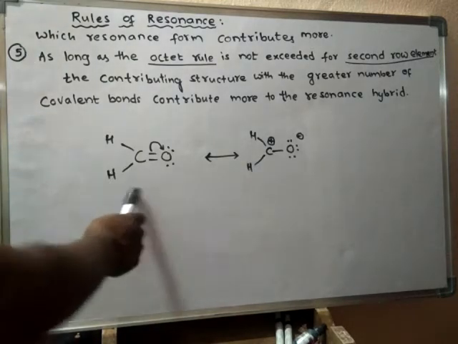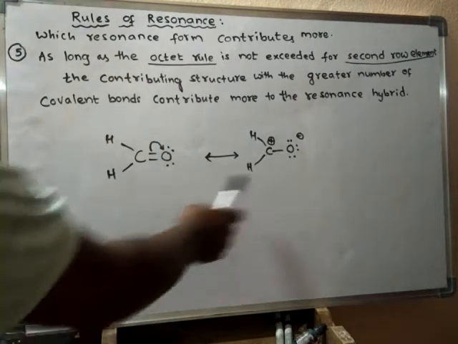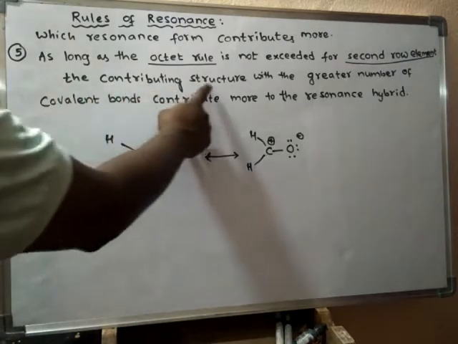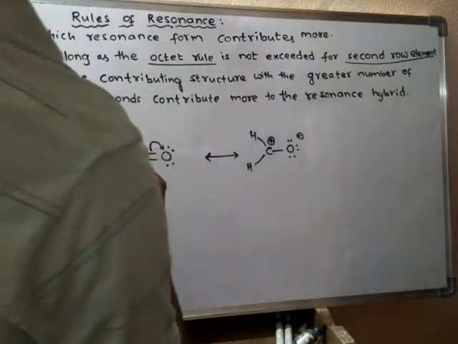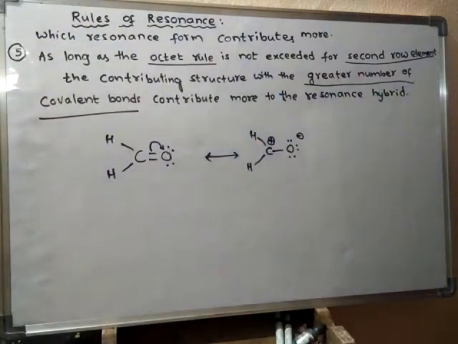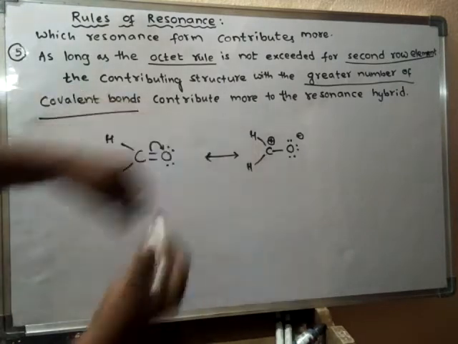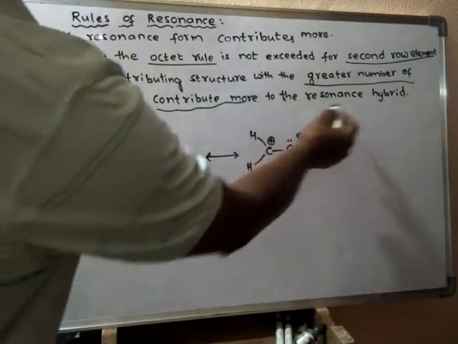Out of these two contributing structures of formaldehyde, which is more stable? If a structure is more stable, it will contribute more towards the hybrid structure. The contributing structure with the greater number of covalent bonds contributes more to the resonance hybrid.